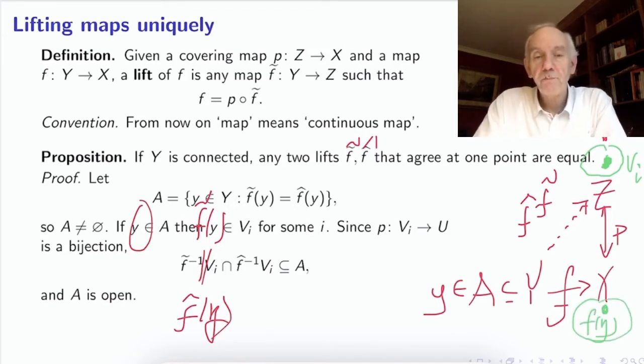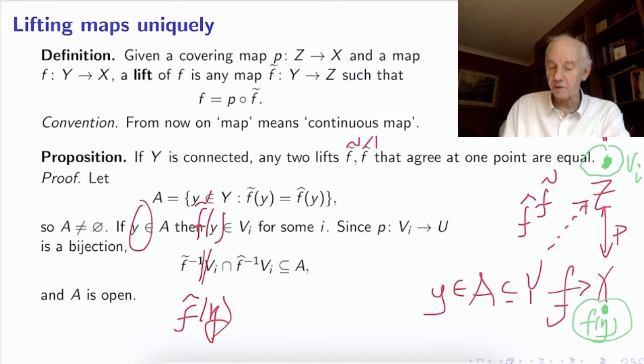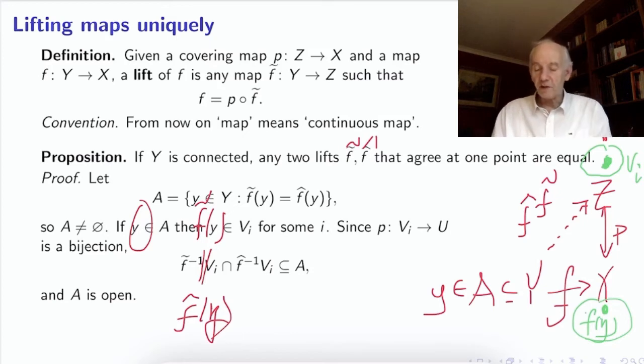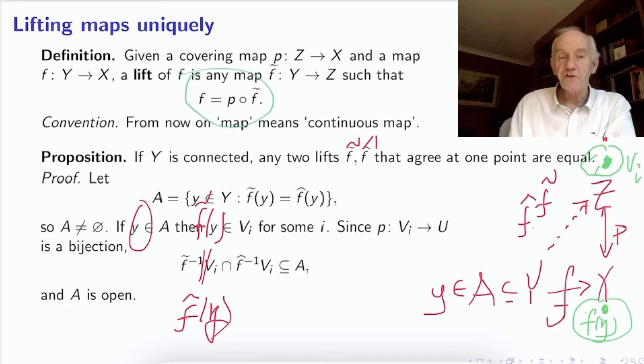That's the picture. But the point is, because these two open sets are homeomorphic and the functions agree at this point here, and because P is a bijection restricted to these green open sets, then these two functions have to agree on all of V_i, because of the lifting property, because of this equation here that the two lifts satisfy.